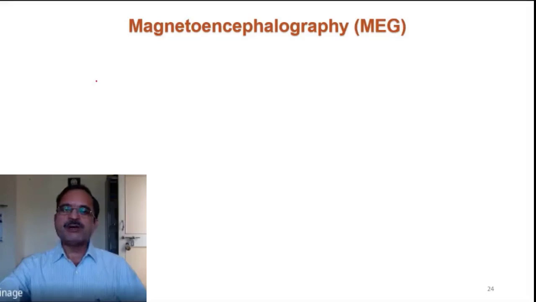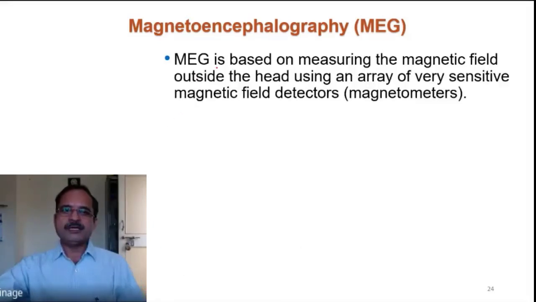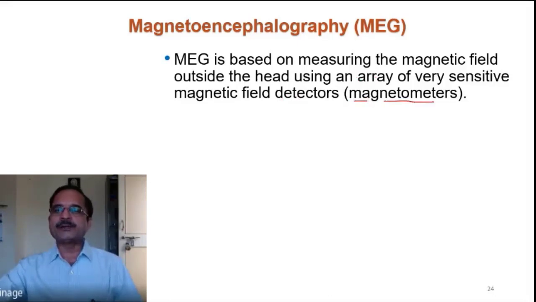You must have heard that our brain produces some very weak magnetic field. So MEG is based on measuring the magnetic field outside the head using an array of very sensitive magnetic field detectors called magnetometers.